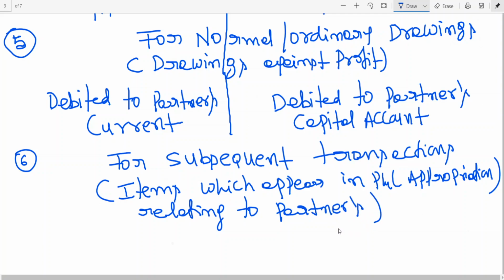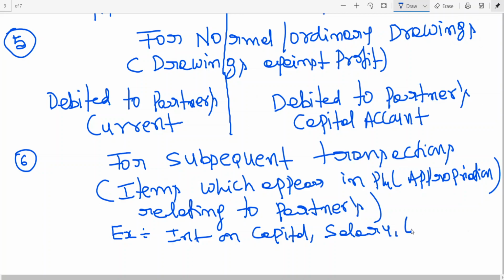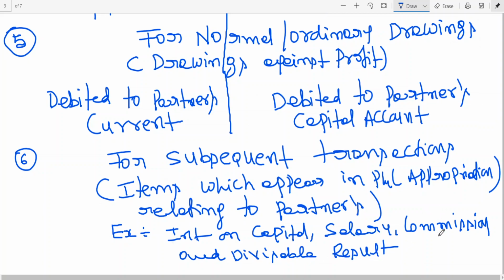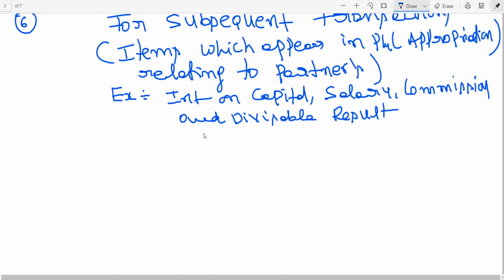You have seen interest on capital, salary, commission, and divisible result. I'm using the word result because a result can be profit or loss. Okay, we will see here where it appears.